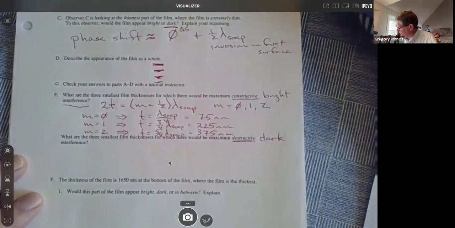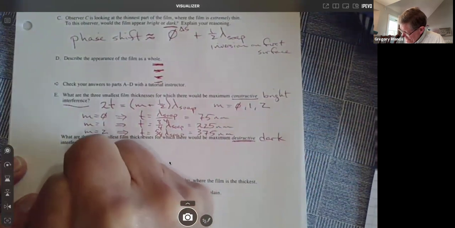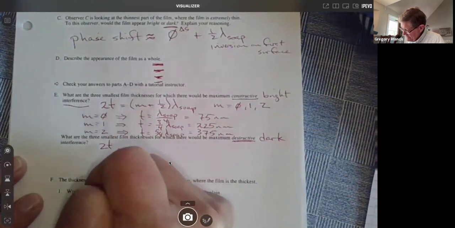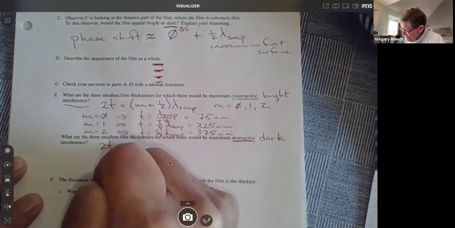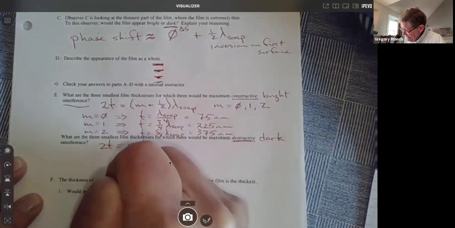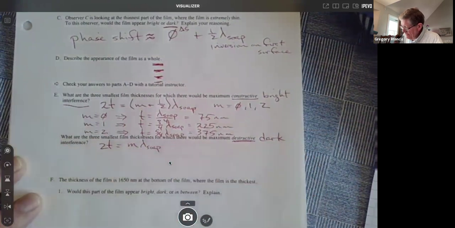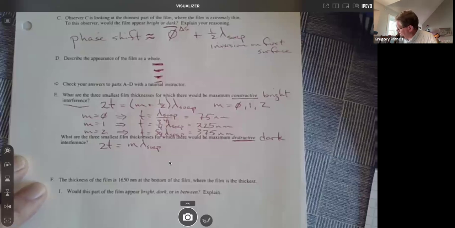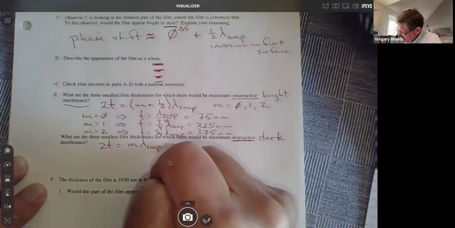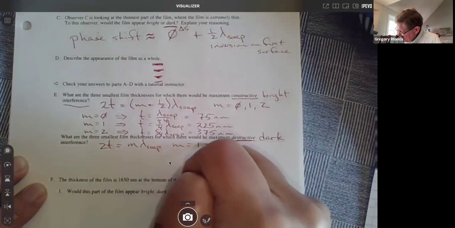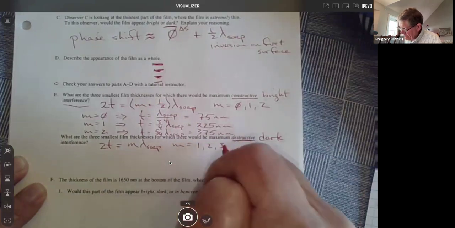Well, in this case, I would have minimum when the 2t, or the path length difference, is equal to an integer number of wavelengths in the soap, because I already have that half wavelength due to the front surface. And this would be for m equal 1, 2, and 3.